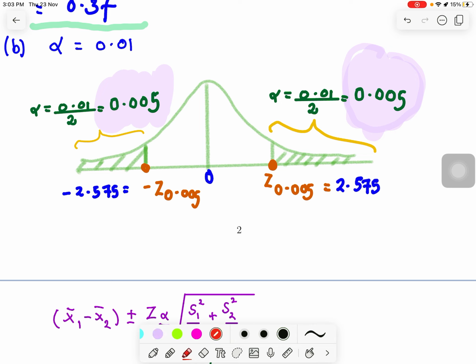So I will use this notation starting from now. Okay, our ZC critical value is equal to this.